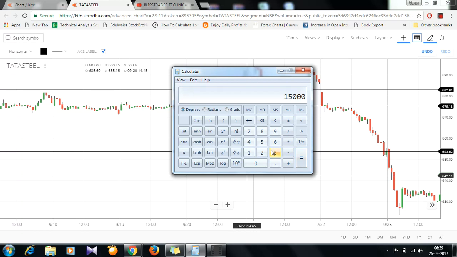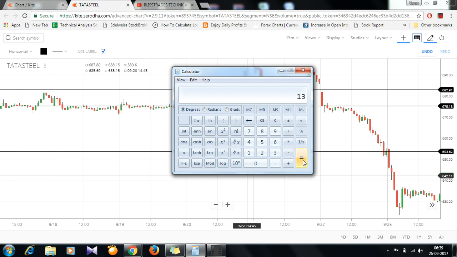Now how do I position size for 15,000? For example, I buy DCB which is priced at 195 now, and my stop loss is 185, that is 10 bucks. So how I position size is simple. I divide 15,000 by 10 rupees, that is 195 minus my stop loss of 185, 10, sorry, that is 13 bucks.